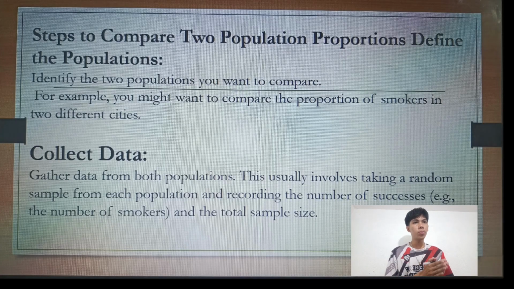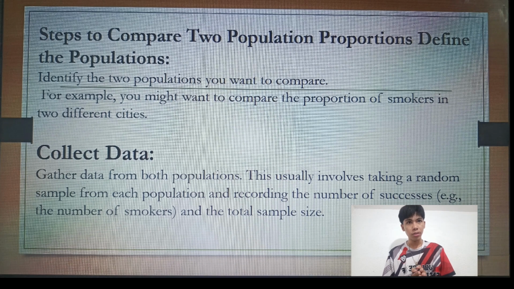Inference for two population proportions typically refers to the statistical analysis used to compare the proportion of a certain characteristic in two different populations. Steps to compare two population proportions. Define the populations. Identify the two populations you want to compare.